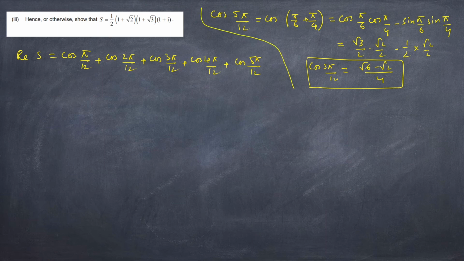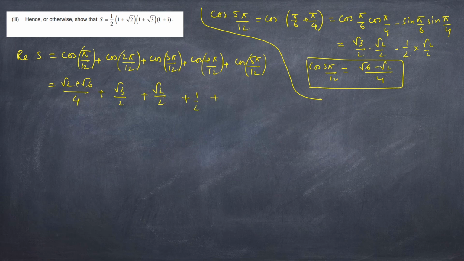So from here we can write, already we have calculated this part, root 2 plus root 6 divided by 4. These are the angles. Please try to understand the math properly, because this is a very easy problem. And this is root 3 by 2 plus root 2 by 2 plus 1 by 2 plus root 6 minus root 2 divided by 4.